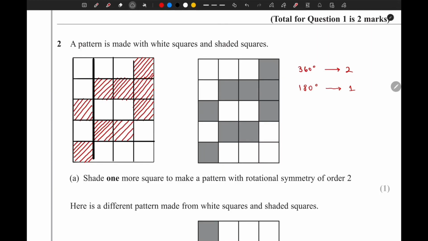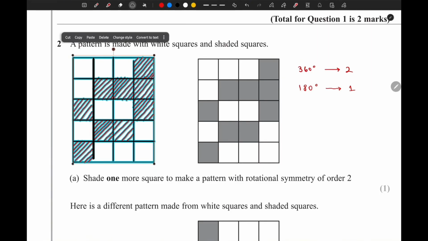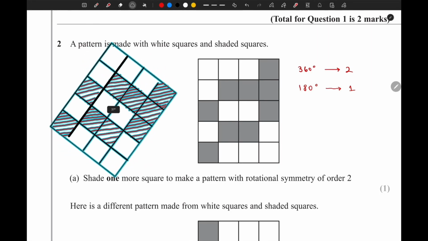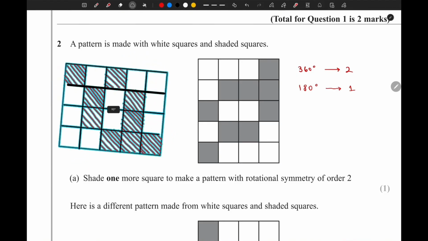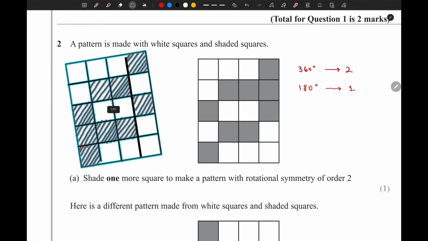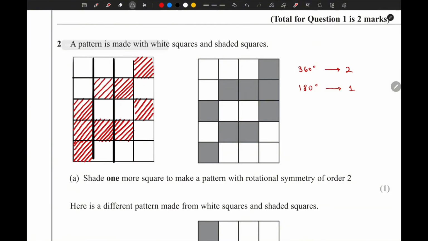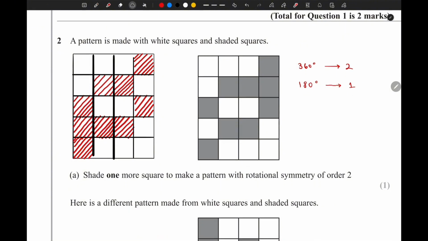So let's assume that this is the diagram, and if we rotate this 180 degrees, so this is 90 and this is 180, the same pattern must be present at 180 degrees. Now as you can see, all of these things are the same except for one square.